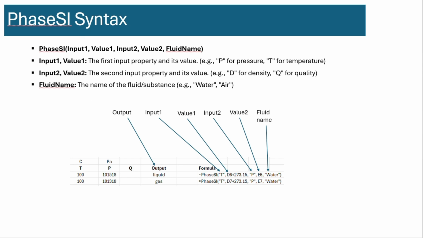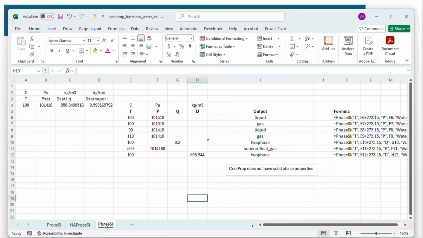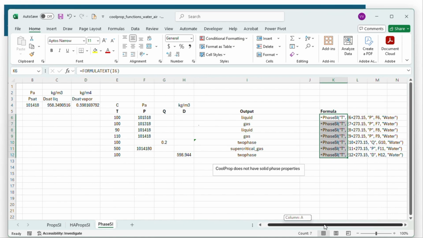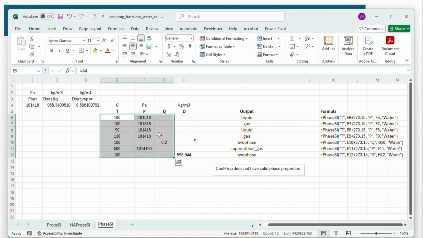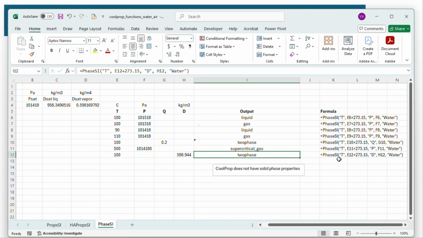So if you go back to the Excel file, this is an example of usage of PhaseSI, and you can see the formula that's used here. This one was primarily used for water, for example. For different combinations of temperature, pressure, quality, density, etc., this is trying to calculate what the phase is.